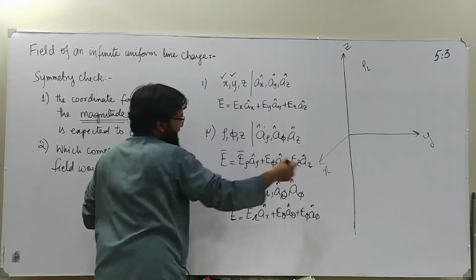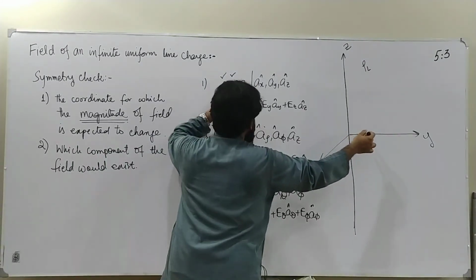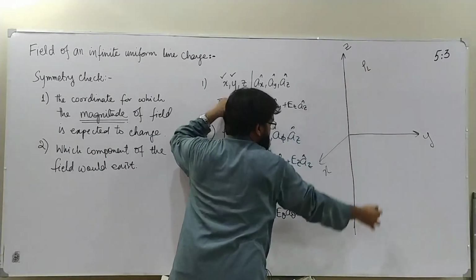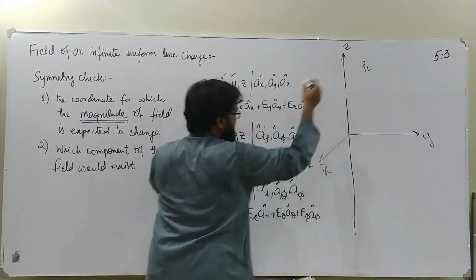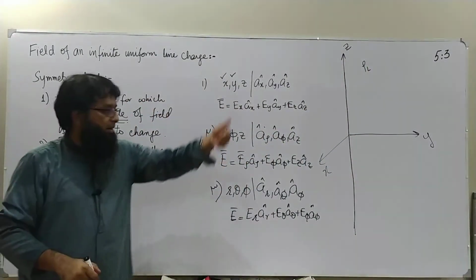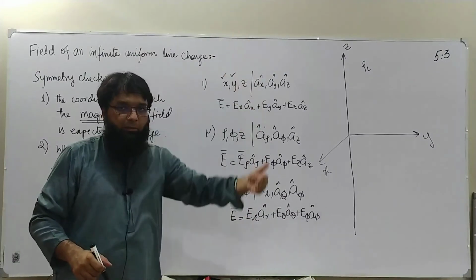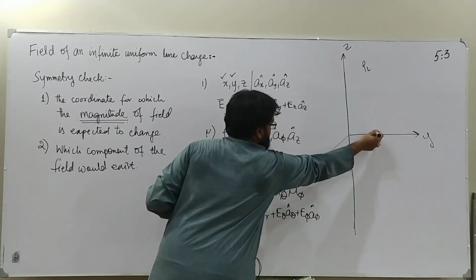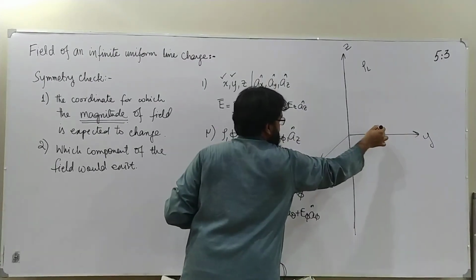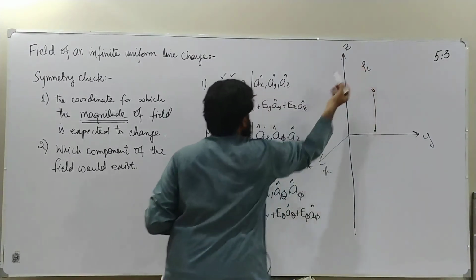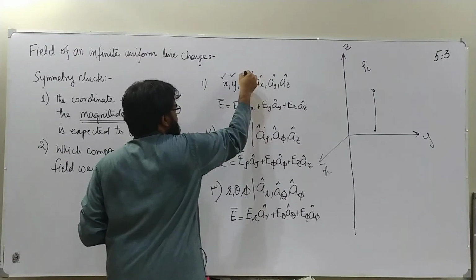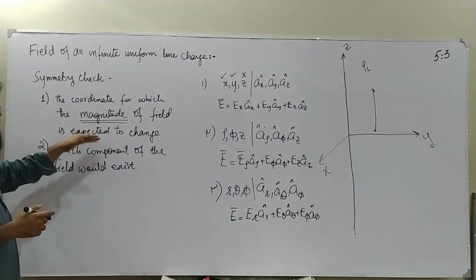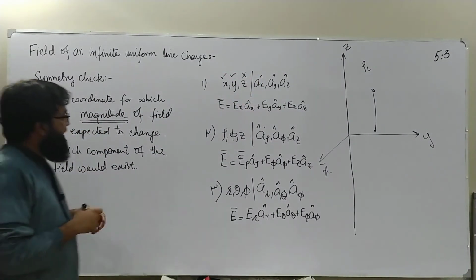Okay, so if I change z only, keeping x and y constant, I will be moving along this line charge or this tube light, so my distance will be the same. If I'm at this point and I change only the z coordinate, I will move parallel to the source, so the magnitude of the field is not expected to change.